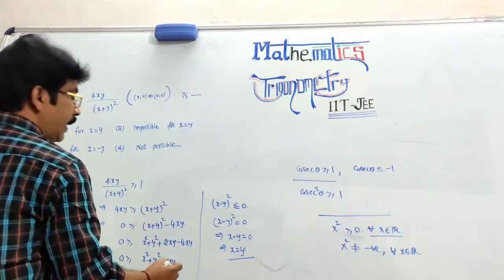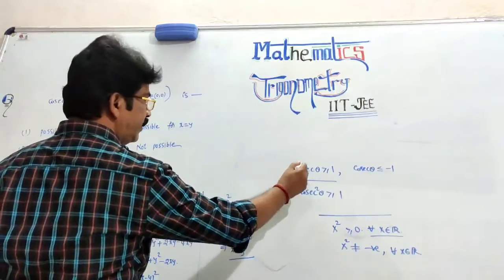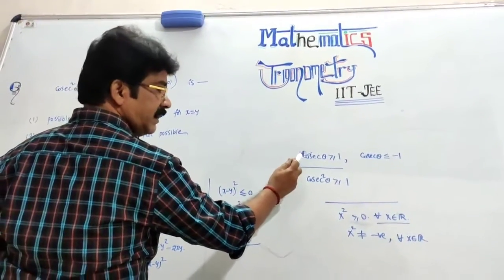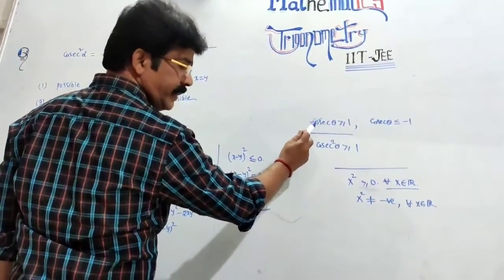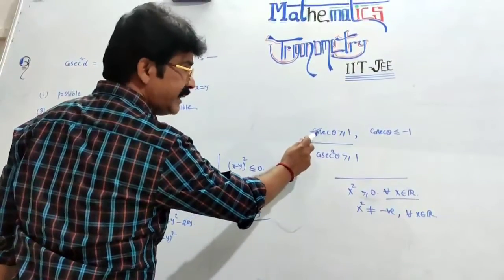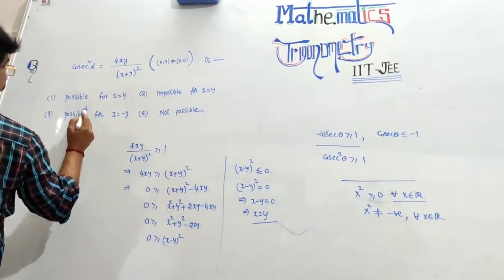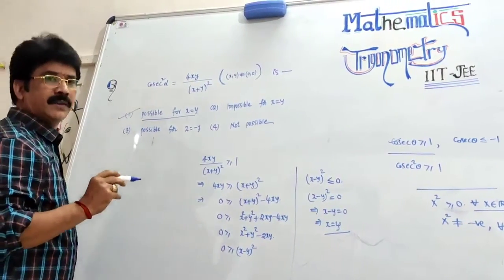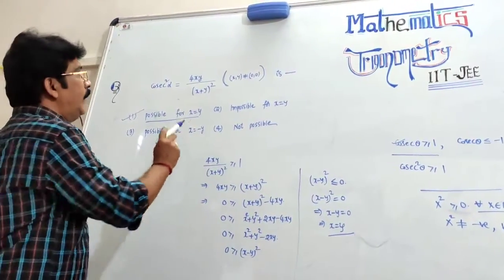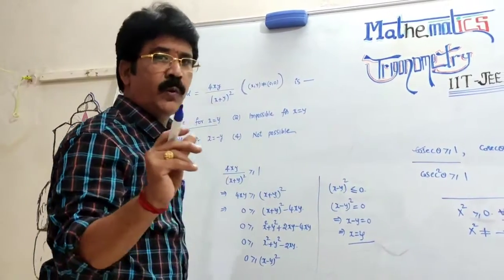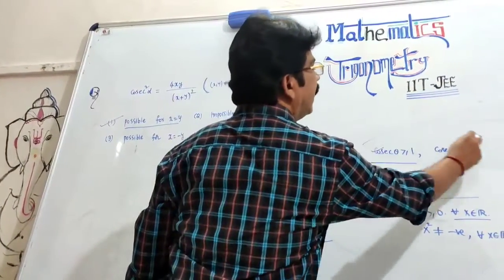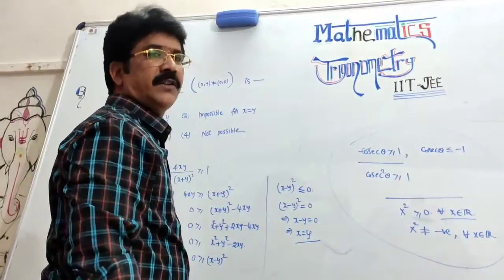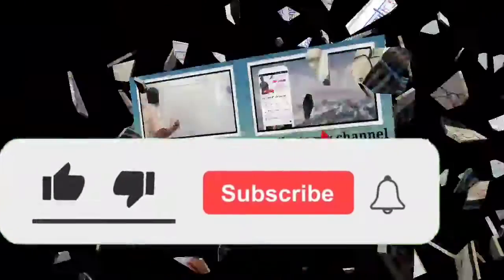So according to the fundamental formula, it is possible for x equal to y. Therefore the first option is right. For this question we must know the limitations of all the trigonometric functions. Understand? Hence the problem.